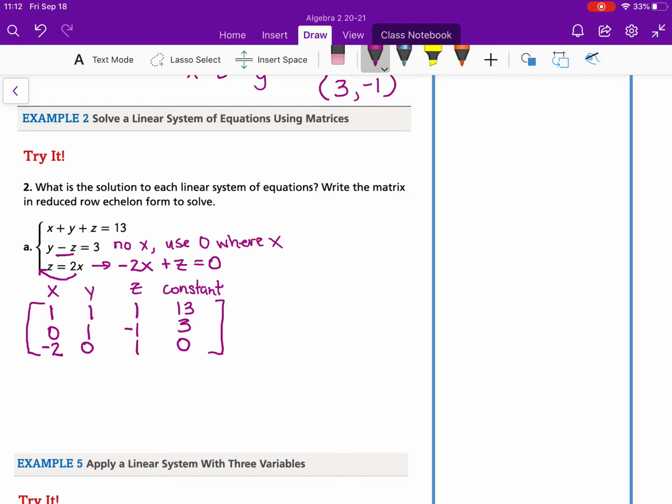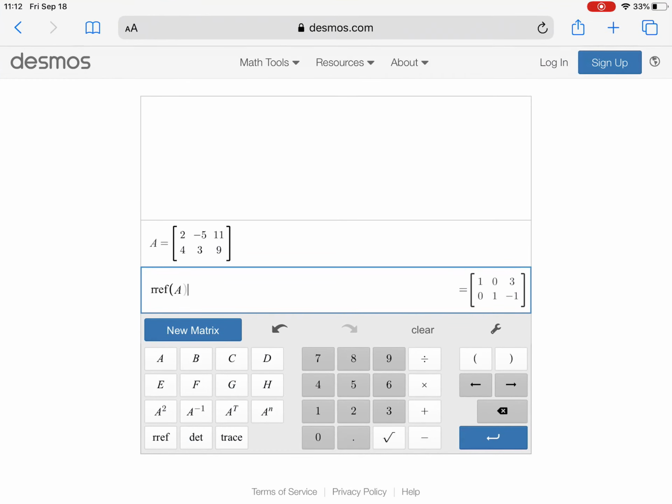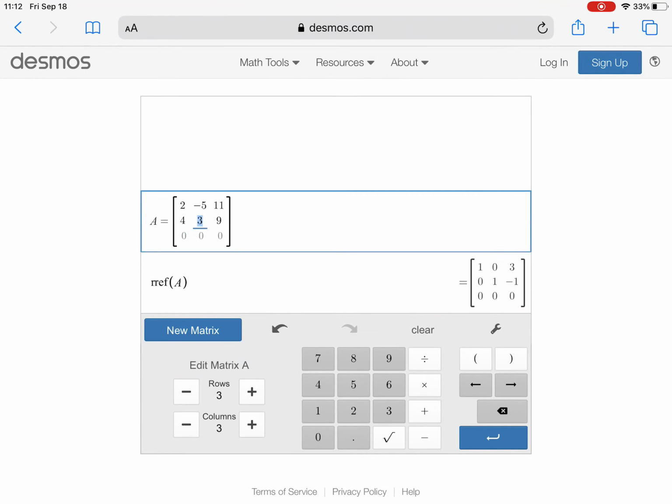Now I have a problem that looks exactly like the problem before it, except a little larger, but that's okay. So what that means is when I go over to Desmos to type this in, I can actually go back up here and just change A as it is. So this was 1, 1, 1, 13.